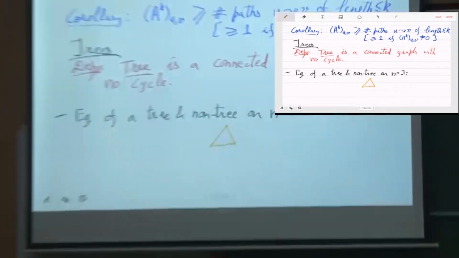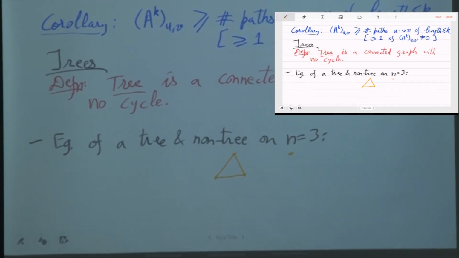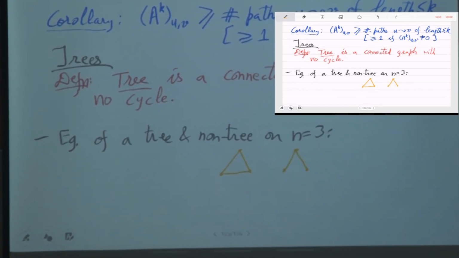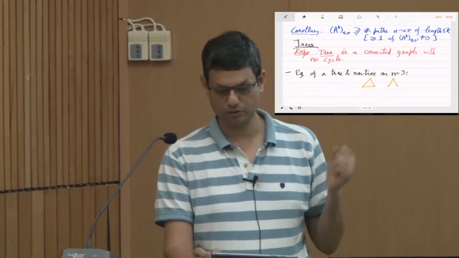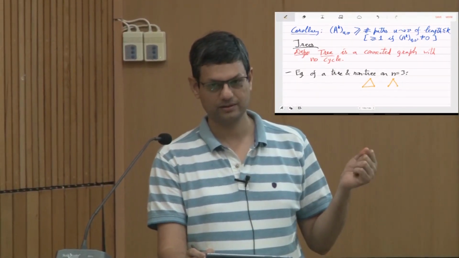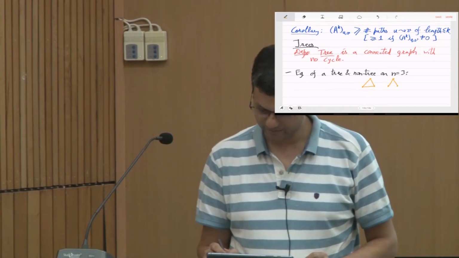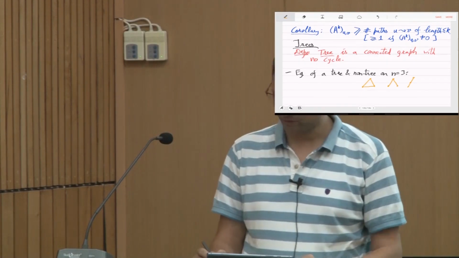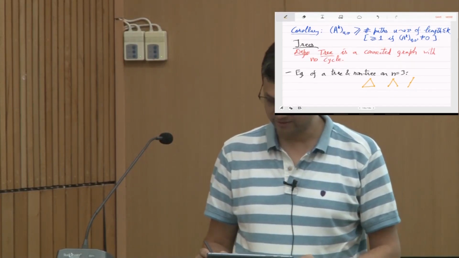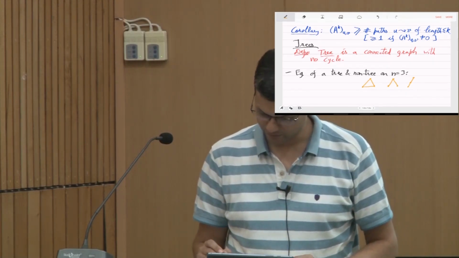This is obviously C3, so this is not a tree. On the other hand, this is a tree. Can you give another non-isomorphic example of a tree on 3 vertices, different from what I've drawn? A single line, right? This is isomorphic. So I guess there is no other tree.